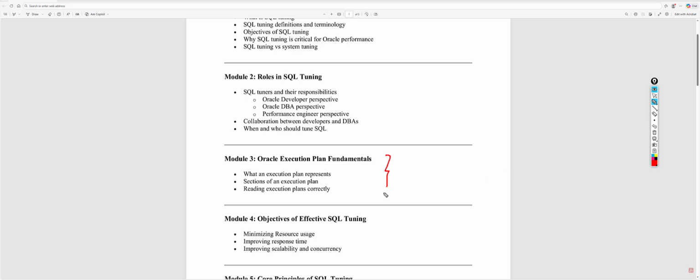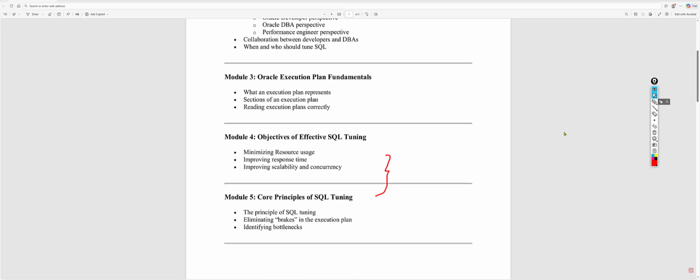Next we will see the Oracle execution plan fundamentals, okay. We are not going any deeper, since I'm just covering only a part of SQL tuning, and I will deep dive into that part. I'm not going to cover any other tools.